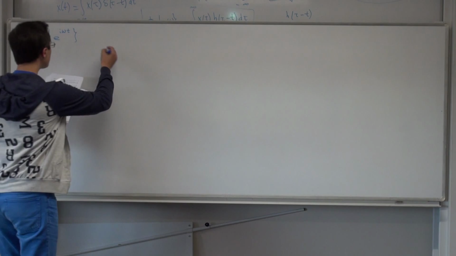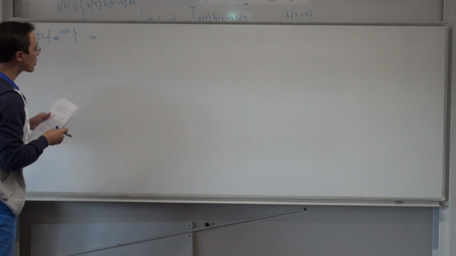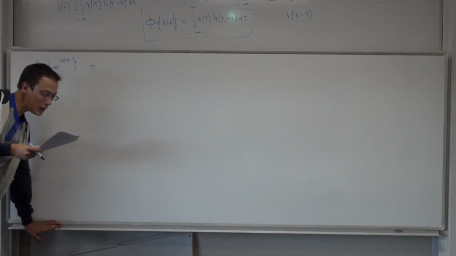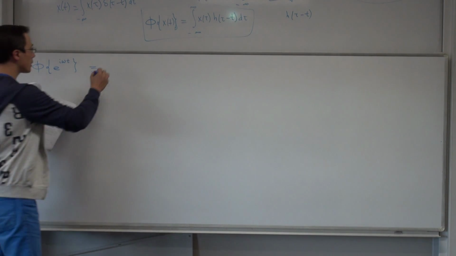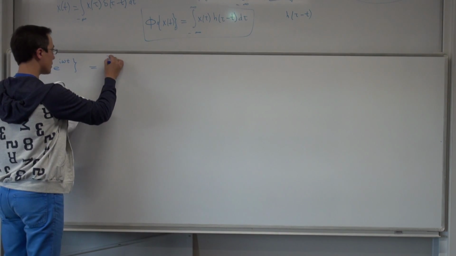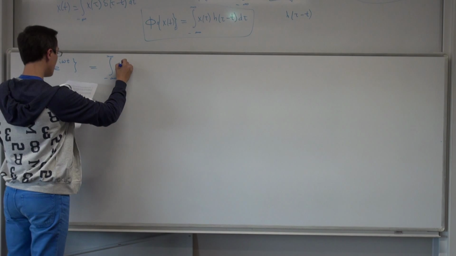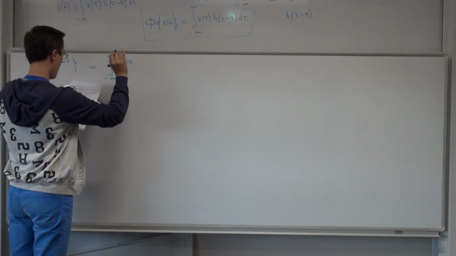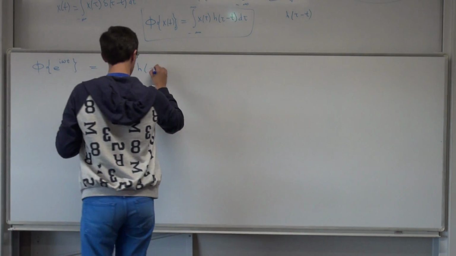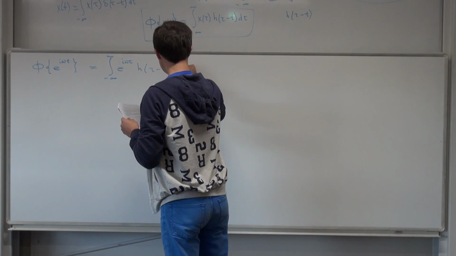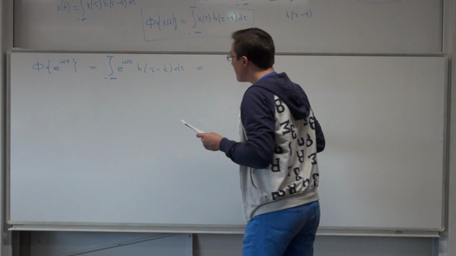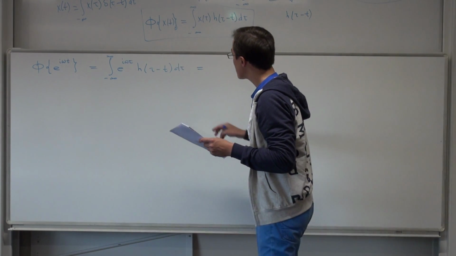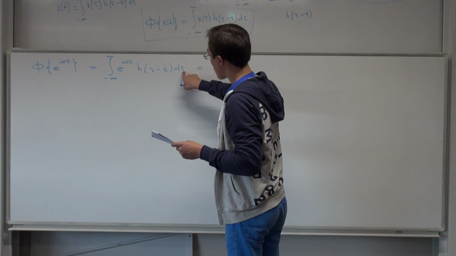Well, as per the derivation that we did above, we need to take a convolution of this function with the pulse response. So it will be an integral from minus infinity to infinity of e^(i omega tau) h of (t minus tau) d tau. I'll do a bit of a variable substitution. You can see we are integrating over tau.